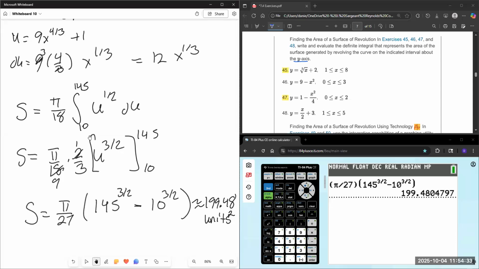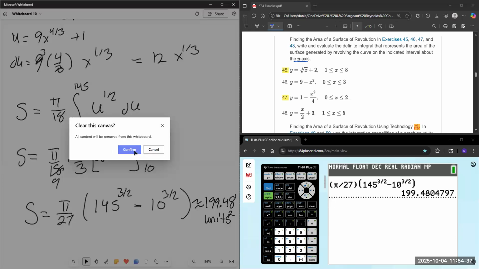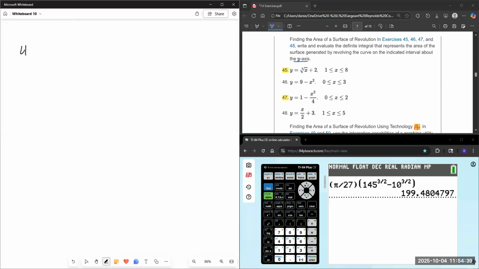So let's go ahead and look at number 47. So 47 is y equals 1 minus 1/4 x squared. I'll write it that way instead of x squared over 4. X is between 0 and 2 inclusive, so y prime is going to be negative 1/2 x.